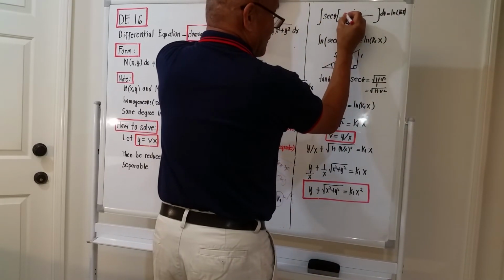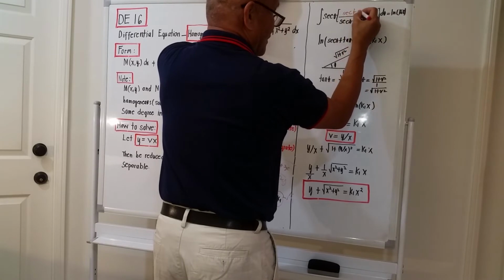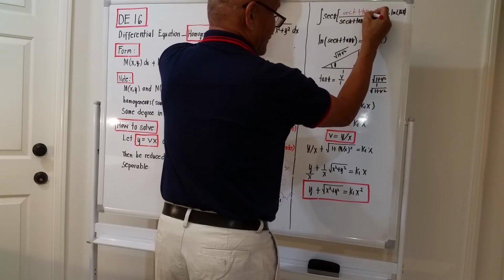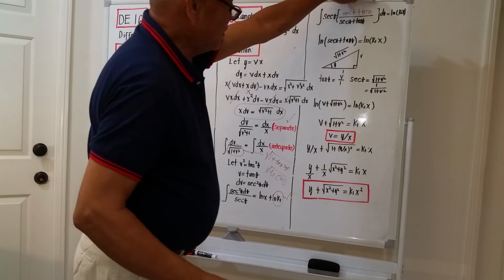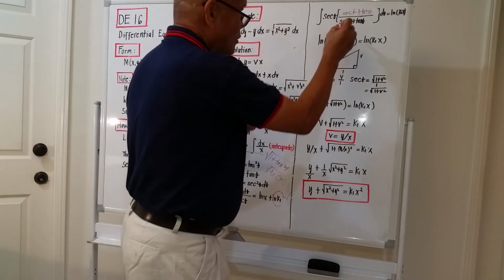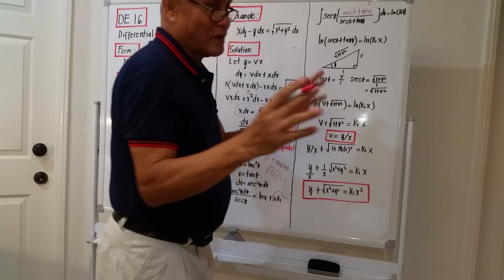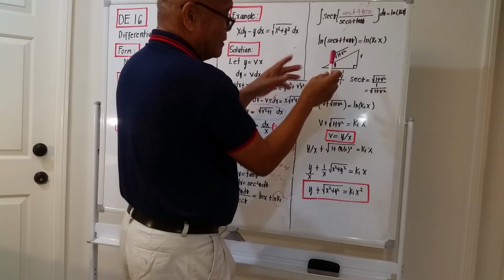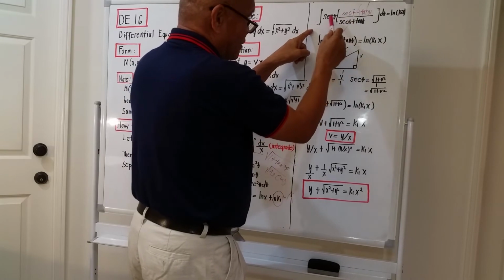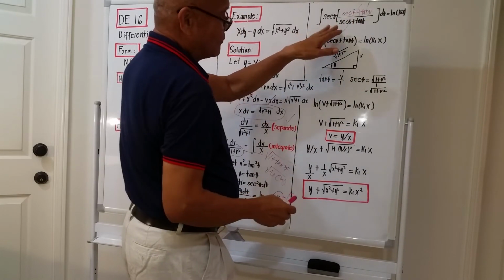It will just be simply the integral of secant of theta. Then if we try to expand the numerator, it will be secant squared plus secant tangent over secant plus tangent.